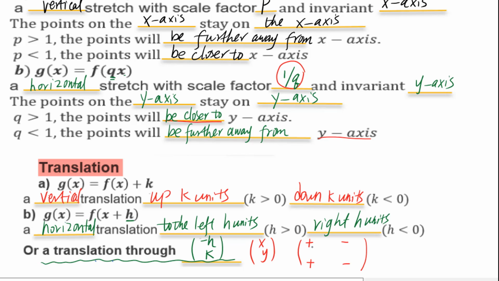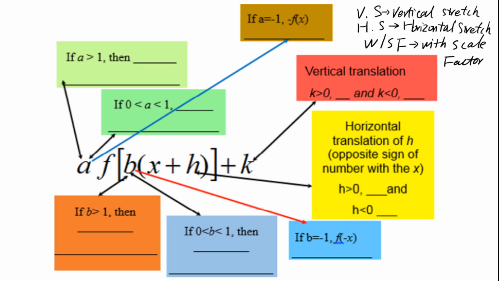A positive x means translated to the right. A negative number, translated to the left. For y, positive means translated up. Negative means translated down.